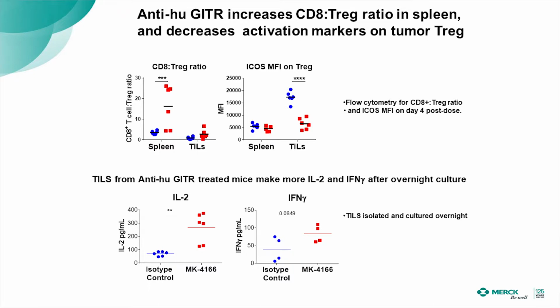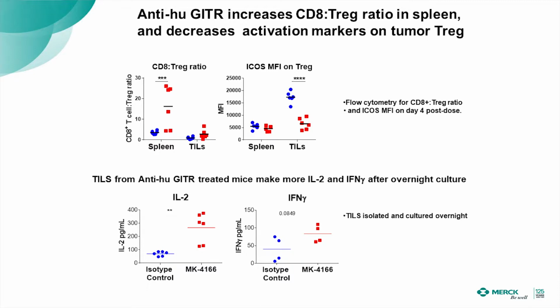Even though the factors produced in that tumor were actually supporting the Tregs, and they're still there, their expression of functional markers like ICOS was very high in the control. You see high ICOS, and you see this in human tumors as well. And this was brought way down with the GITR treatment.